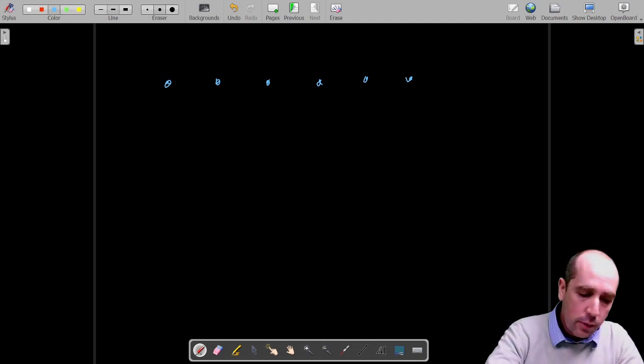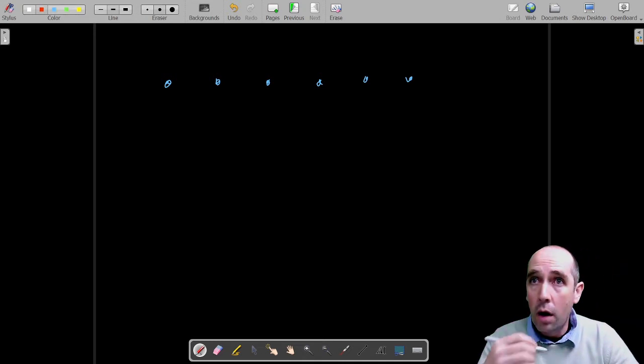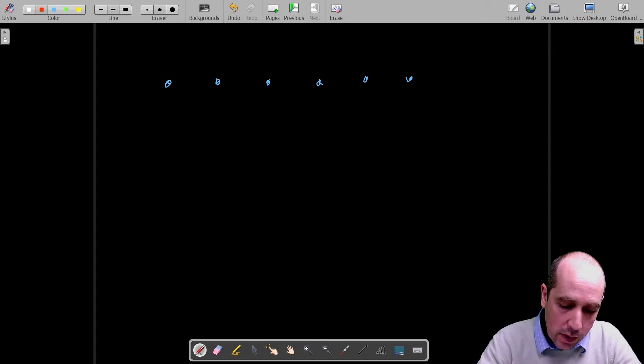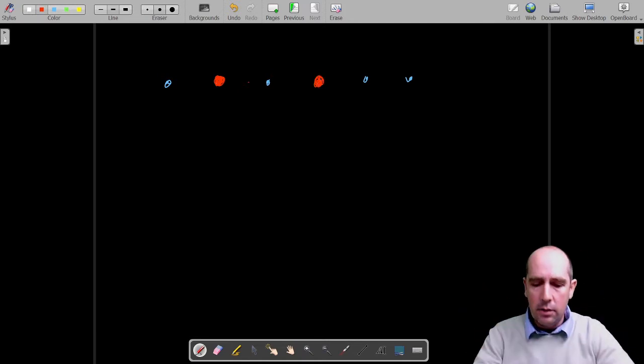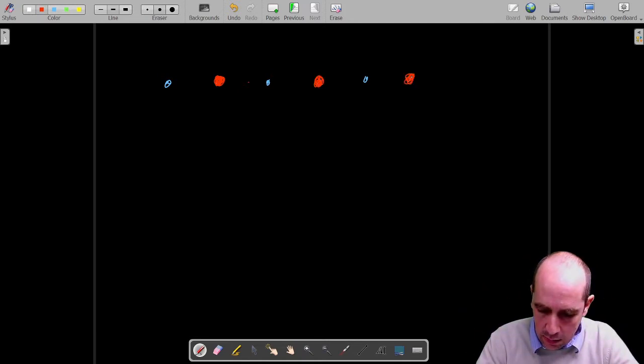And just to make it a little bit more complicated, I will introduce two types of atoms. So we will have a lattice that combines two types of atoms which are of different masses.